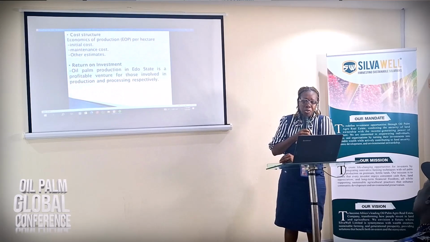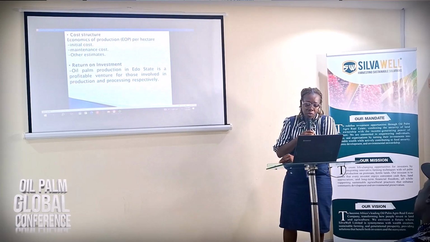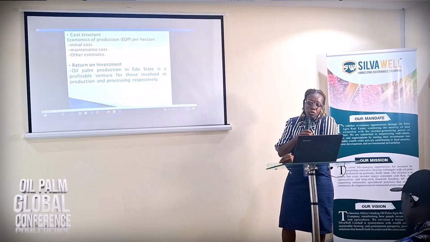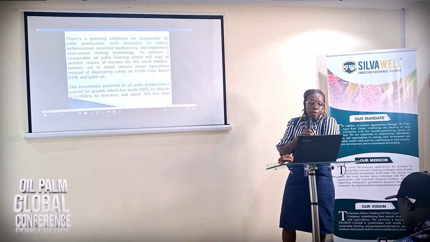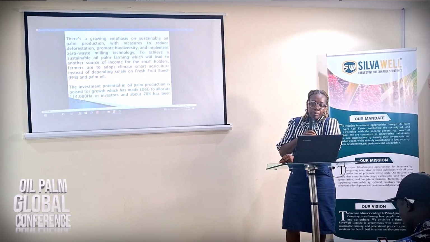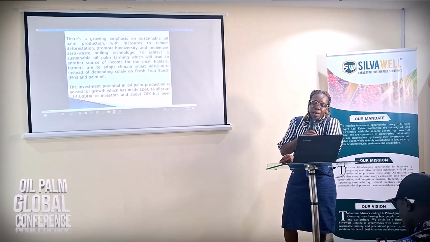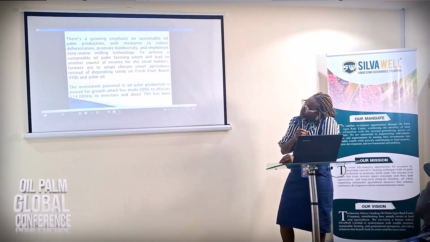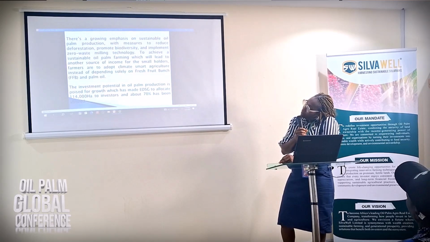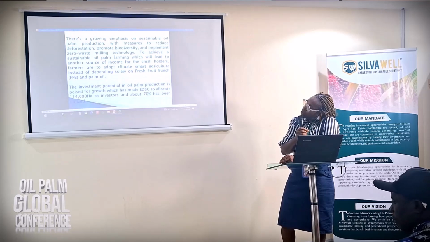So oil palm production in Edo State is a profitable venture for those involved, not just in the production, but in the process as well. There is a growing emphasis on sustainable oil palm production, with measures to reduce deforestation, promote biodiversity, and implement zero waste technology.